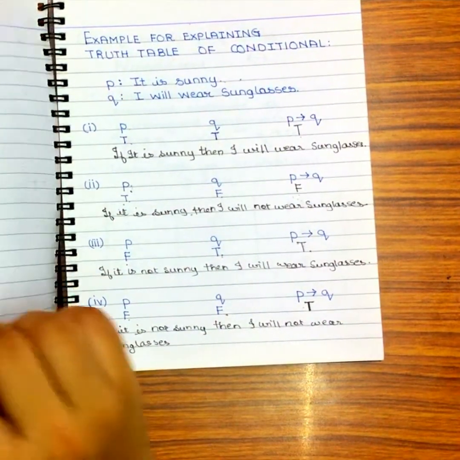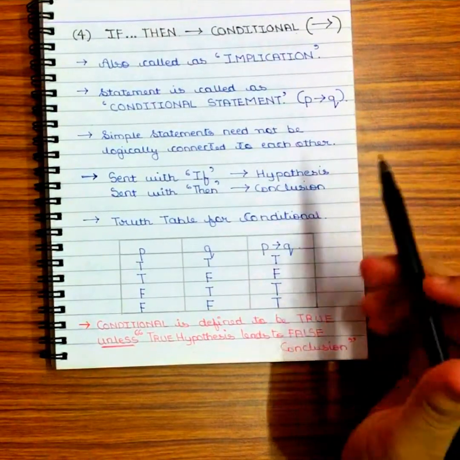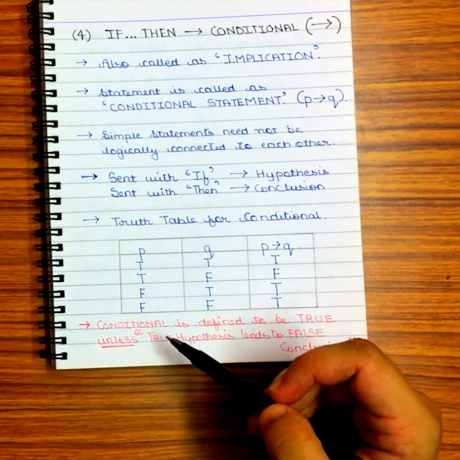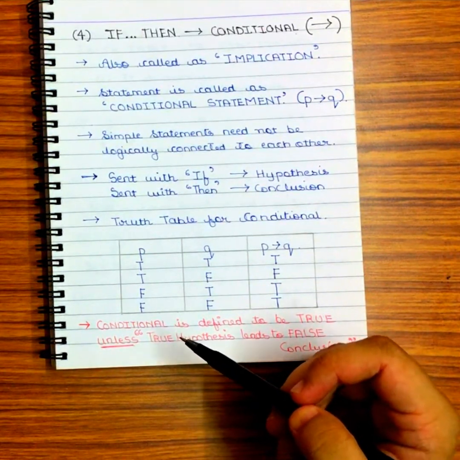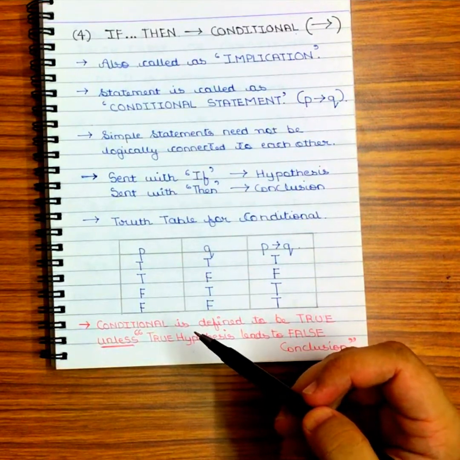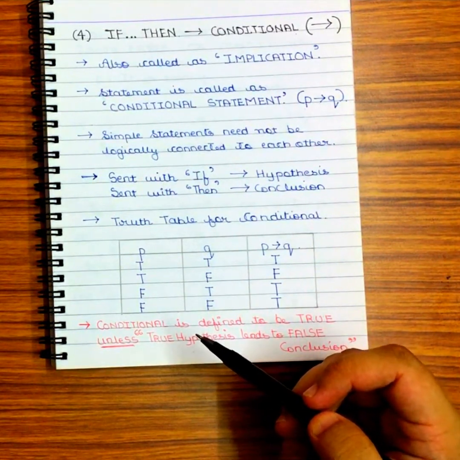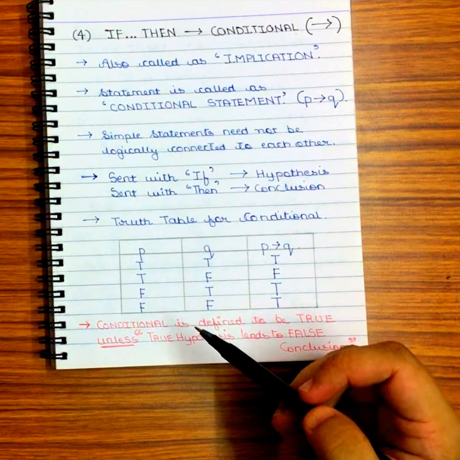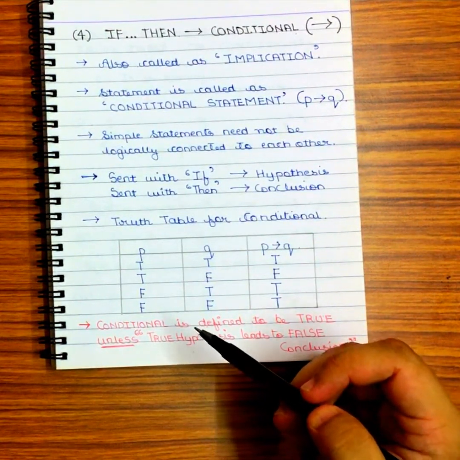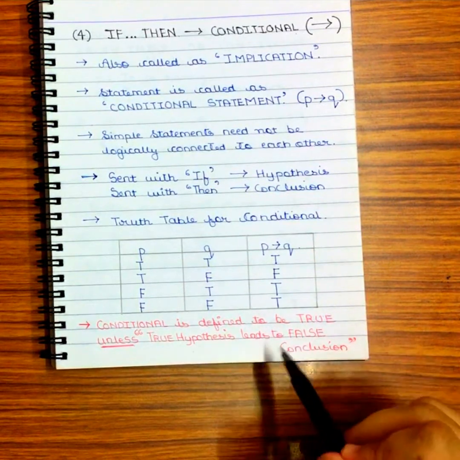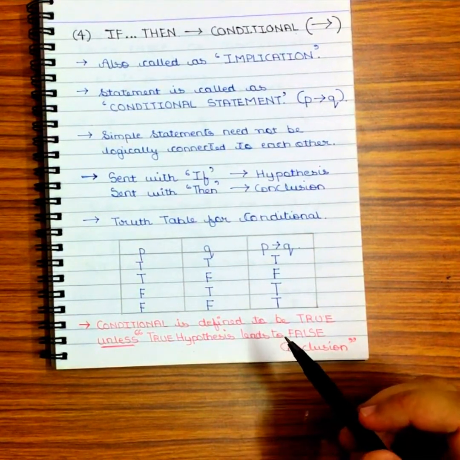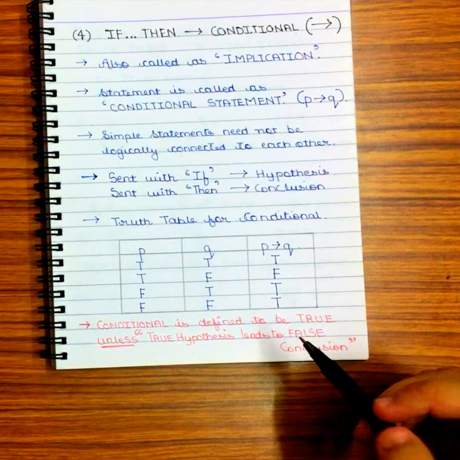So I told you in the beginning that you have to remember all the truth tables, because in exercises all of them will be useful. All the connectors will come together, and that is the time when you have to remember which connector is being used and what was the truth value of that connector. Okay, so all these simple tricks will help you to not mug up the truth tables and learn it logically.